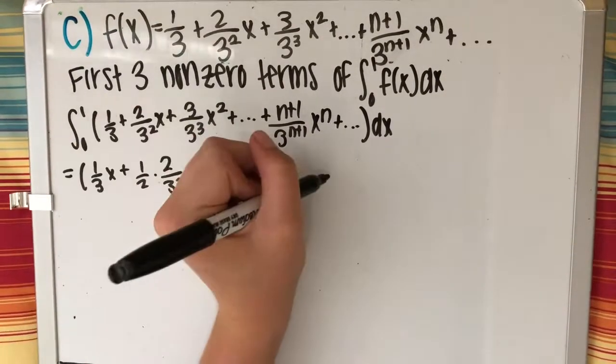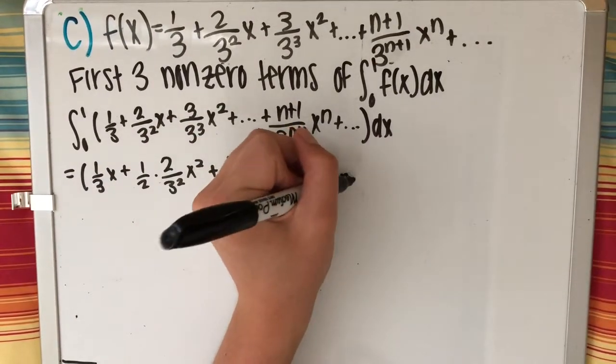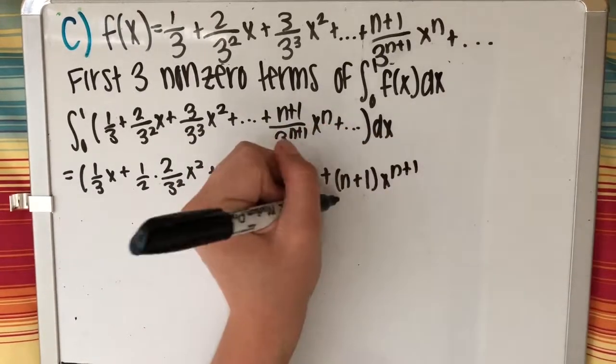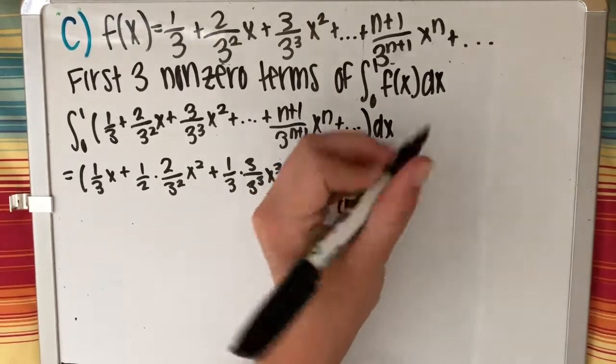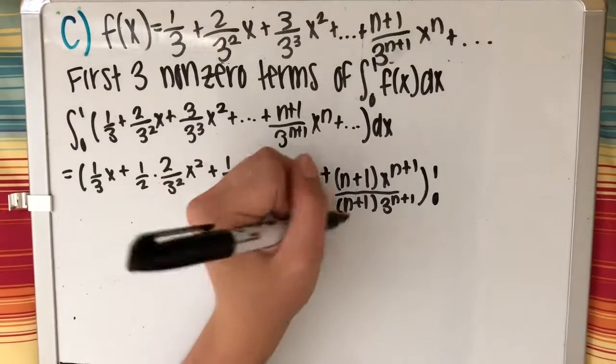Same thing for the general term. So it's going to end up being n plus 1 times x to the n plus 1 all over n plus 1 times 3 to the n plus 1, and then the n plus 1 on the top and bottom are going to cancel out.